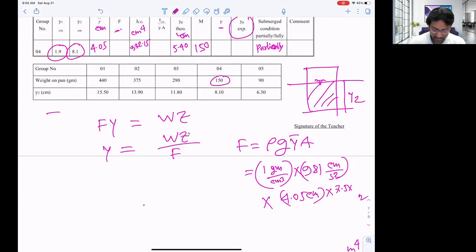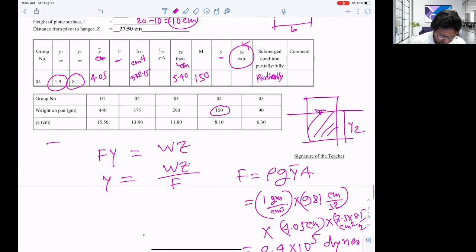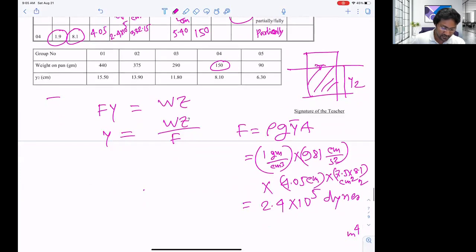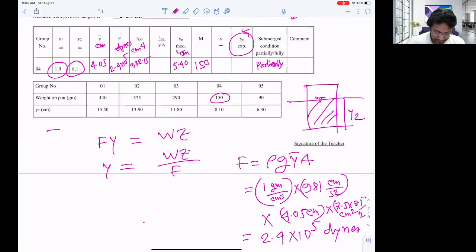Y2 is 8.1, so these are square centimeters. If you calculate 981 into 1 into 4.05 into 7.5 into 8.1, it will give you 2.4 into 10 to the power 5. This is called dynes, if you use all units in centimeter and gram. So 2.4 into 10 to the power 5 dynes is the amount of force we have.